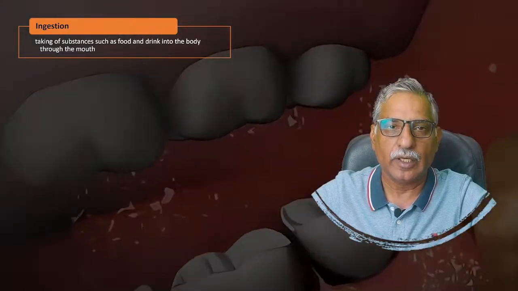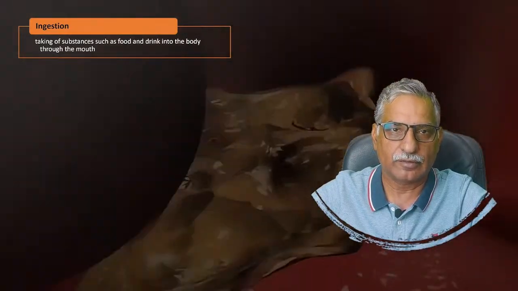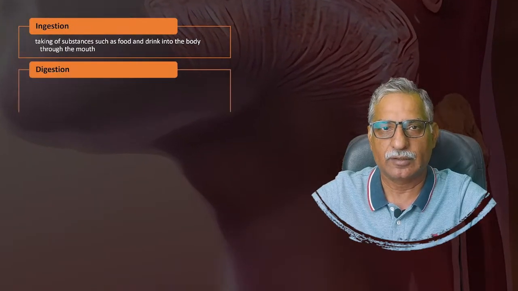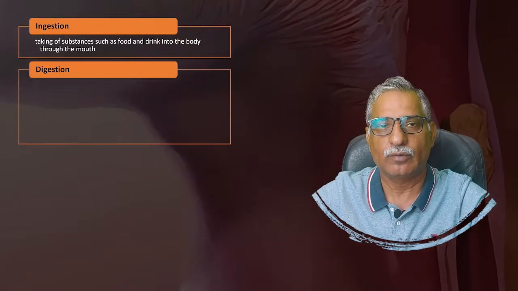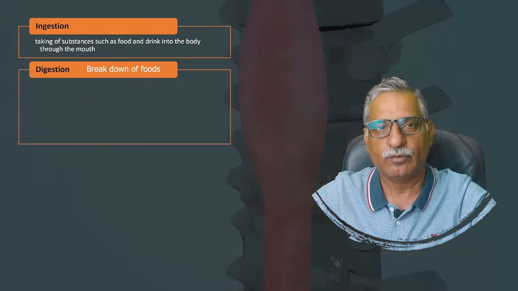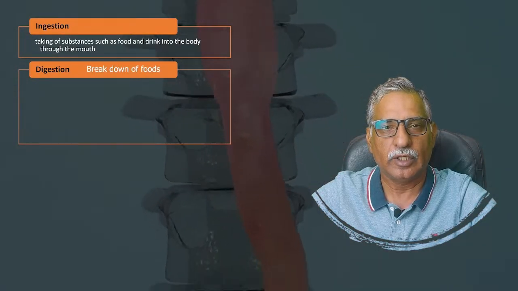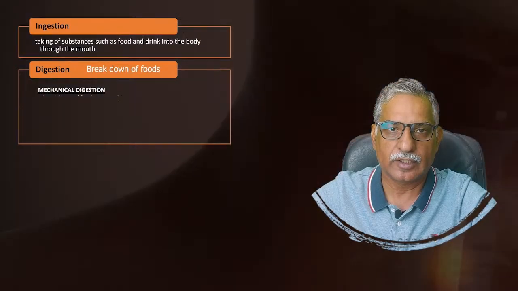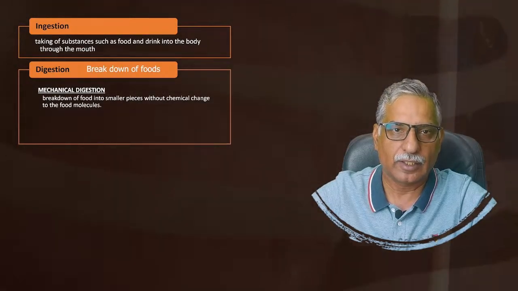Certain terminologies that are likely to be discussed today include ingestion. Ingestion means intake of food into the digestive system, which mainly occurs at the mouth. Then comes digestion. Digestion involves the breakdown of food, and this involves two types of digestion. One is known as physical digestion, or what we call mechanical digestion.